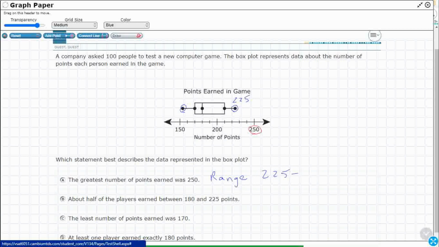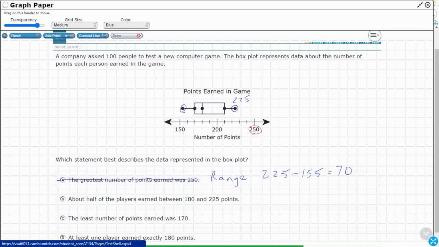So 225 minus that one doesn't quite go down to 150. I'm going to call it like 155. So if we wanted to, we could say our range is going to be 70. But either way, 225 is about the greatest number of points. 225-ish. So definitely not A.